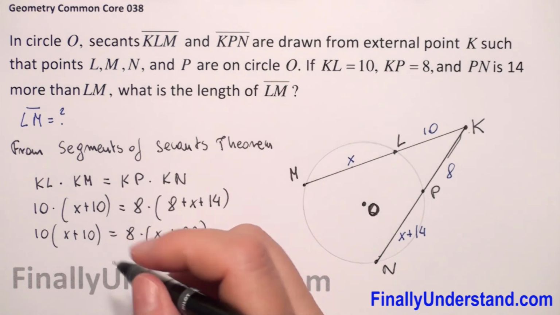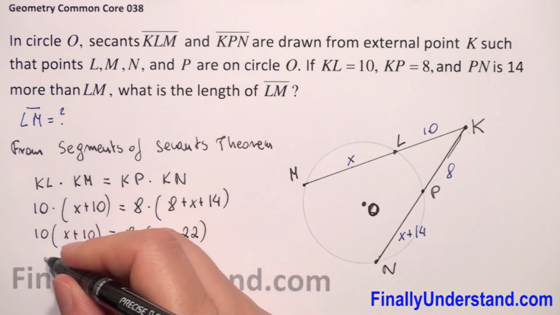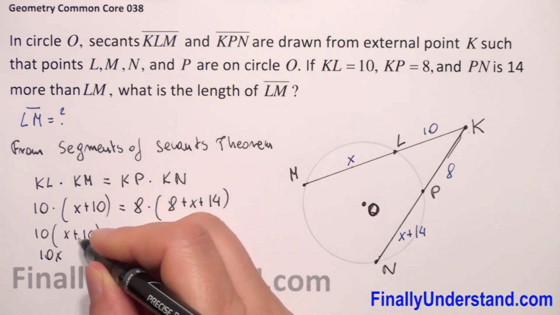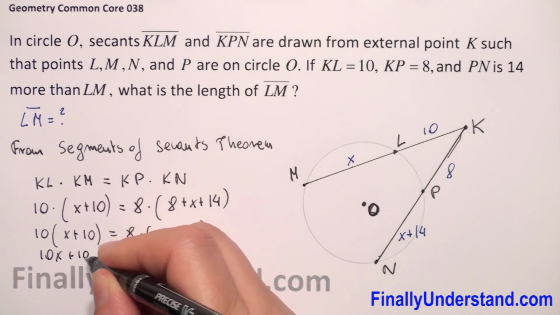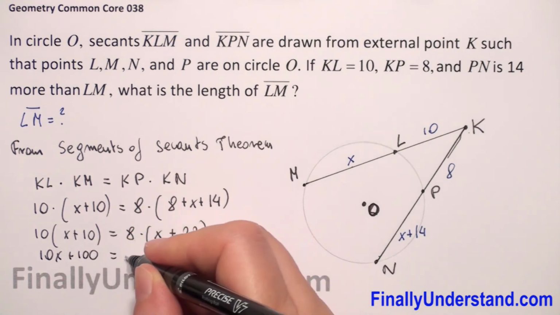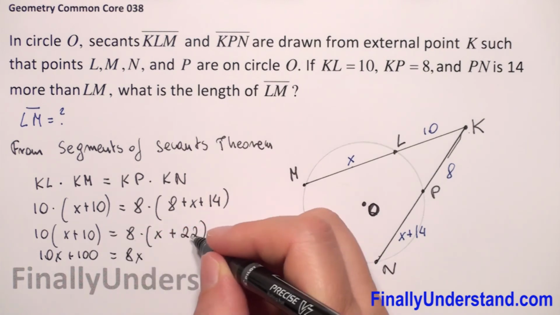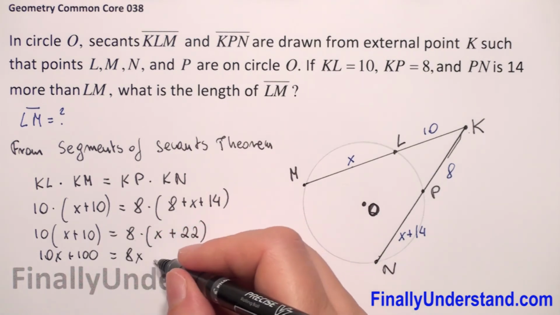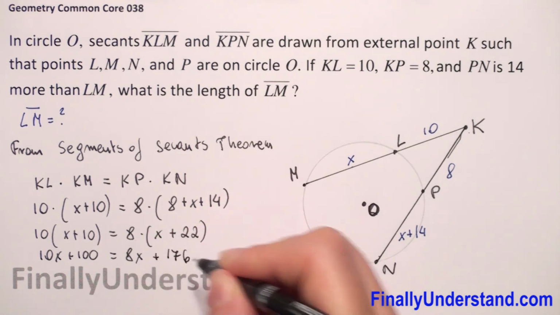Now we will do multiplications. 10 times x is 10x, 10 times 10 is 100, is equal to 8 times x is 8x, 8 times 22 is 176.